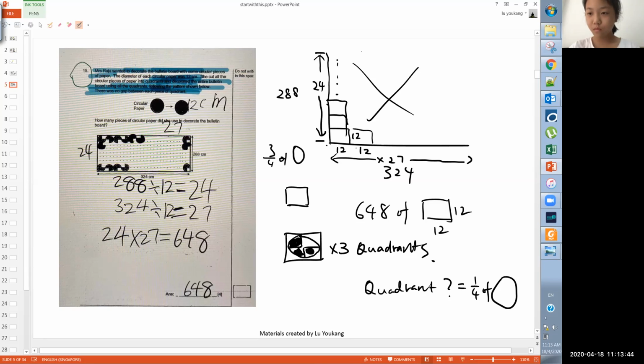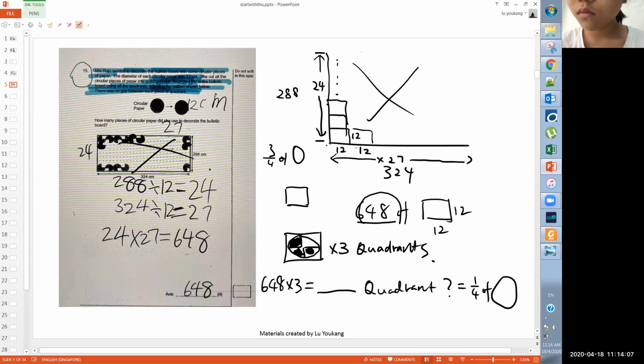And then you have 648 of them, right? Therefore you need to take 648 times 3. Then you will get the number of quadrants inside this entire piece.